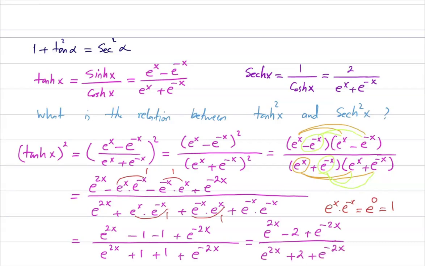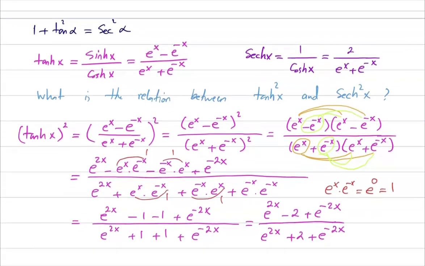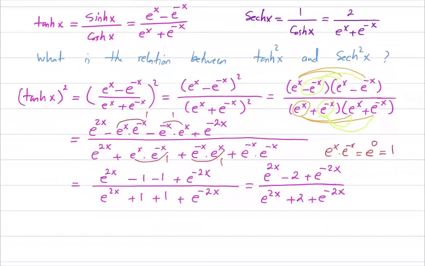So far, I just found the hyperbolic tangent to the second power. Next, I'm going to take hyperbolic secant and raise it to the second power and find a relation between these two. What else you could do? You could also divide this by e to the power 2x and simplify as well.